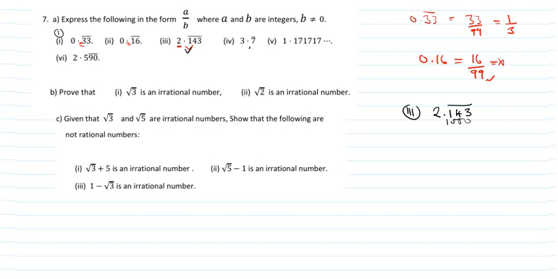1000, right? So you multiply times 1000. So this is our equation 1. Equation 2 will be, we'll have 214 when you multiply times 1000. Then the point will come there. Then again we'll have 143 bar. So that will be our equation 2. So you subtract now, equation 2 minus equation 1.